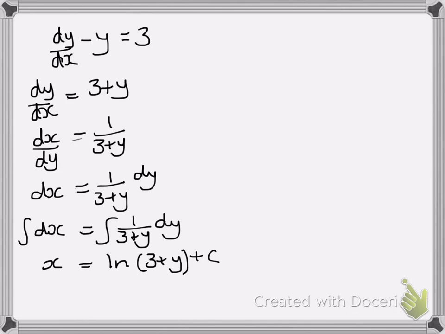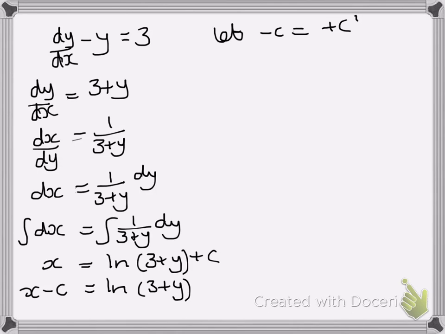Now I'm going to rearrange this and say, okay, well x minus my constant c, if you like, is equal to ln 3 plus y. But I don't like this negative constant here. And we can rewrite this: we'll let minus c equal some other constant, let's say c dash.